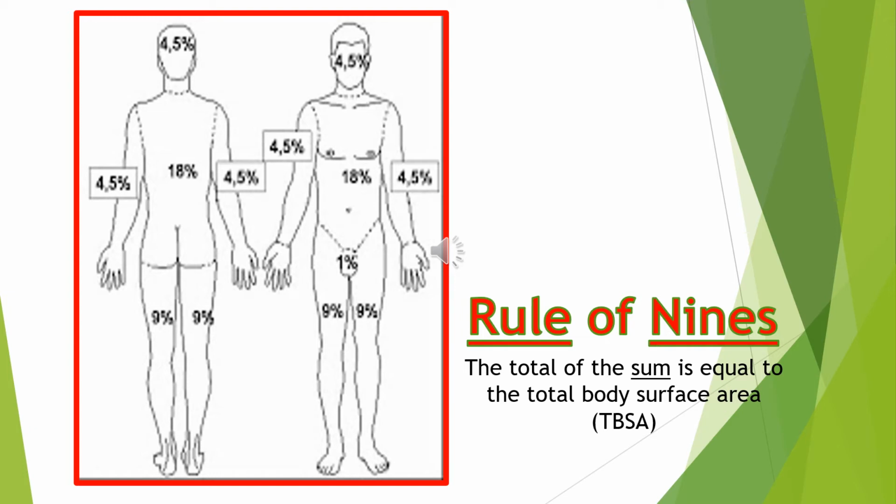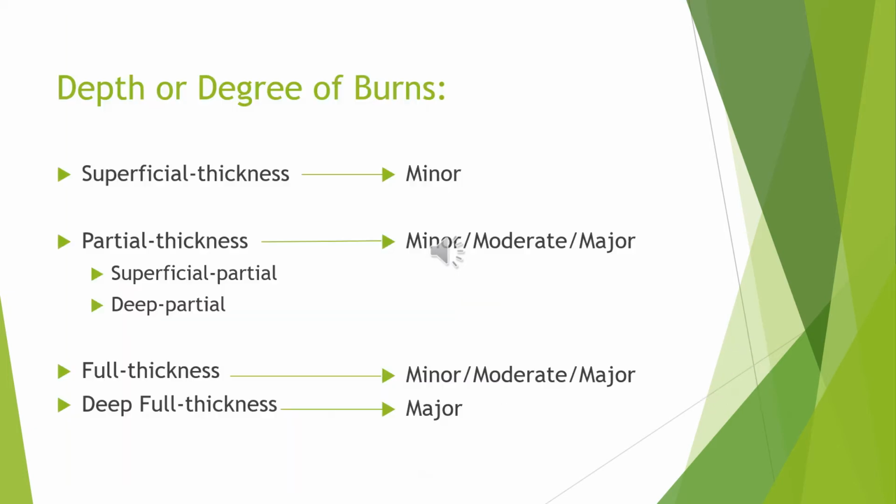Now, if I said that the total circumference of an arm was burned, then you would take 4.5 for the front side and 4.5 for the back side, and that would equal 9%. So that's how we figure our total body surface area for burns.